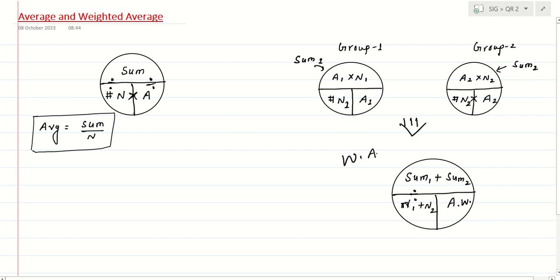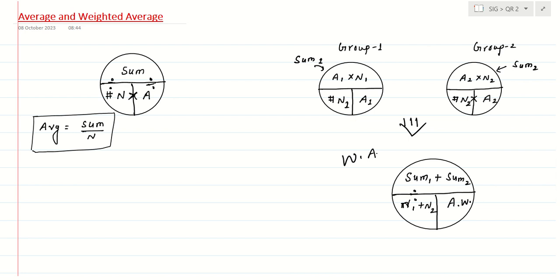What is the difference? In the average, we find the average of one group having the same units and similarities. But in the weighted average, we can combine two or more groups. Let's say there are two groups together, I can find a weighted average, or three groups together.